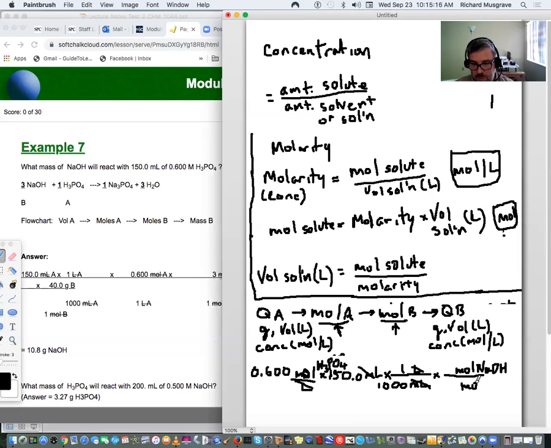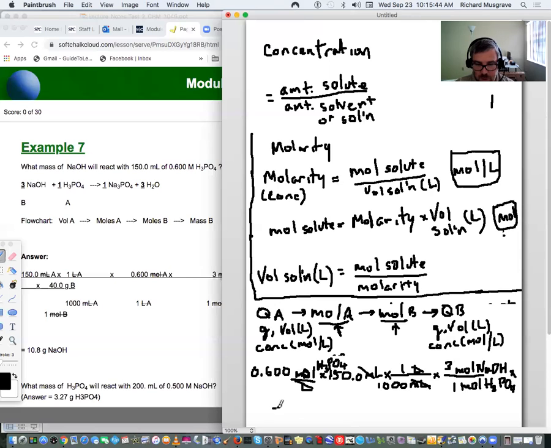And that'll be moles of H3PO4 on the bottom to cancel the moles of H3PO4 we have on top. The mole ratio is 1 mole of H3PO4 and 3 moles of sodium hydroxide. I'm getting that from the equation. If I stopped here at this point, I would be at moles of NaOH because the moles of H3PO4 would cancel.